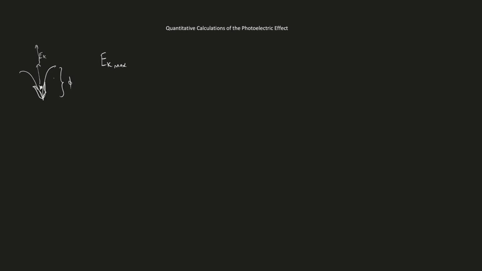This is essentially the minimum amount of energy required to remove an electron from the surface. However, depending on where the electrons are, say at a deeper layer of the metal, they may require more energy to leave. So those electrons may not be ejected with the same energy photons.